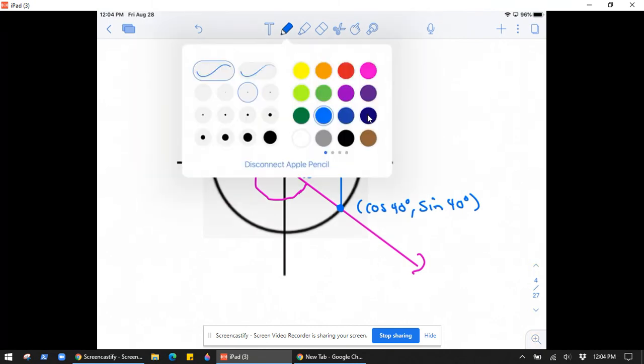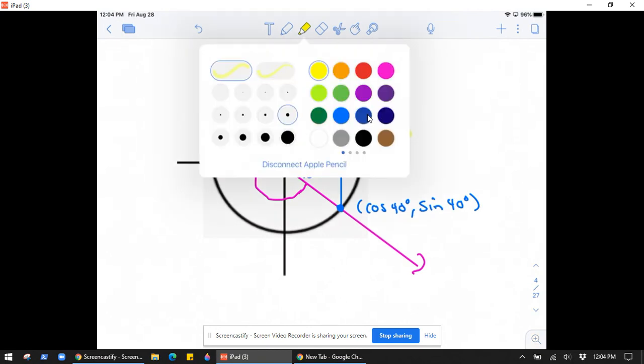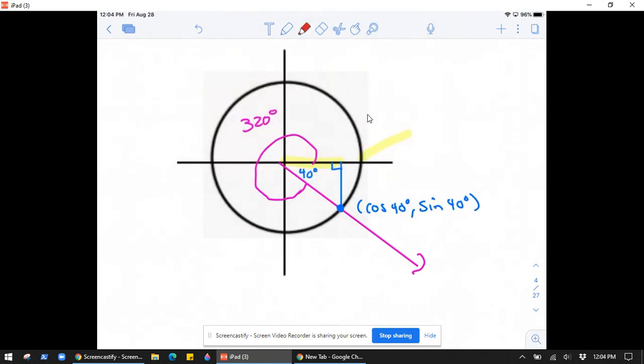So that means that this length right here, I'm going to highlight in yellow, is the cosine of 320 degrees. It's the x-coordinate when you rotate 320. How can you express that in terms of the reference angle 40 degrees?